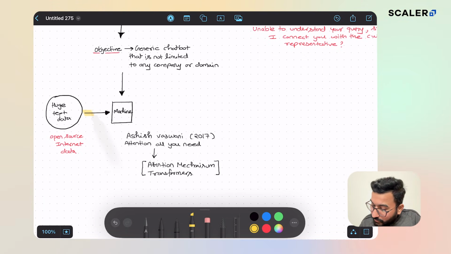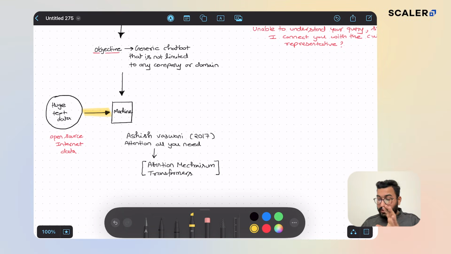This was the process which was not getting done because there was no such technique to train a machine on such a humongous amount of data.